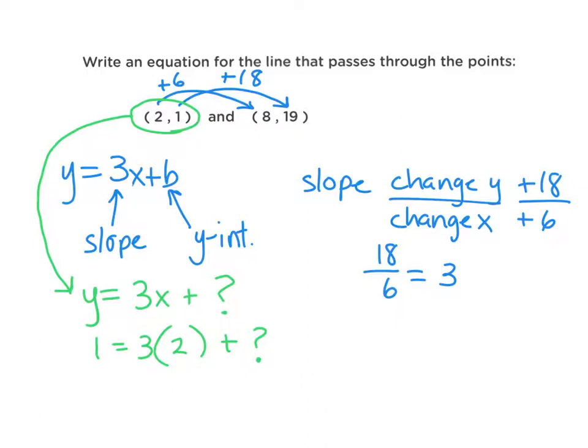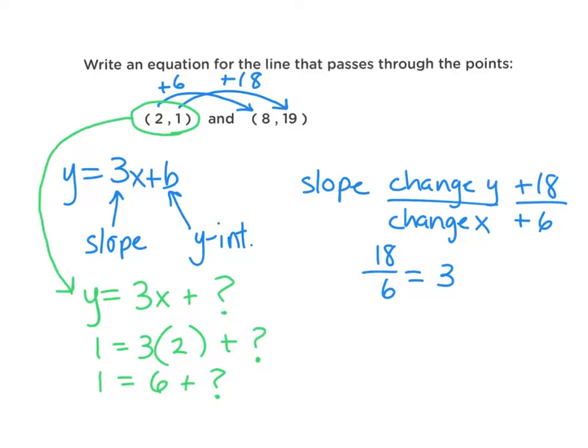But from this equation, I know 1 equals 6 plus something. So if I were just to leave this without a y-intercept, I would just have an equation that says 1 equals 6, and that's not true. So that equation isn't done yet. We need an adjuster at the end of our equation, which is our y-intercept.